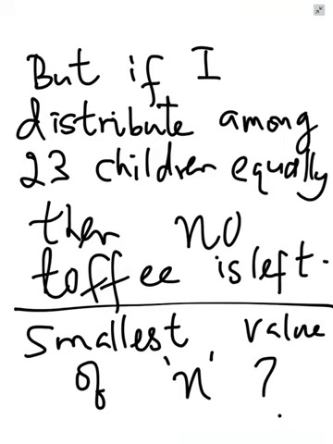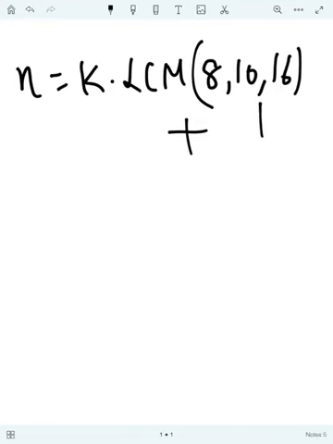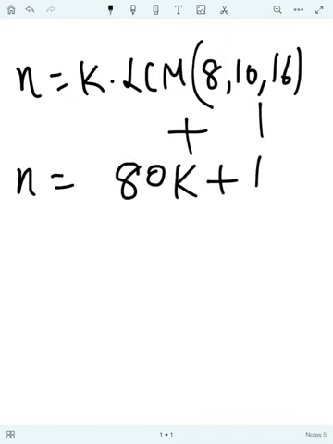So now I will apply this LCM model 1 because there was a constant remainder. So k into LCM of 8, 10, 16 plus 1. If you find the LCM of 8, 10, 16, it comes out to be 80. So the equation of n is 80k plus 1.